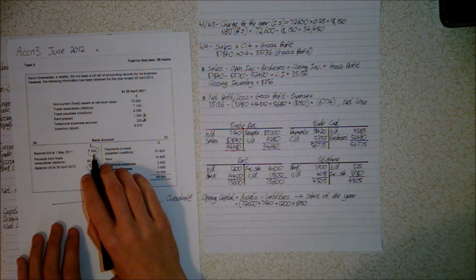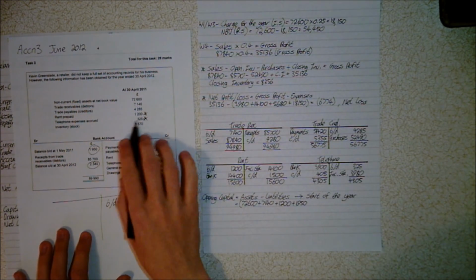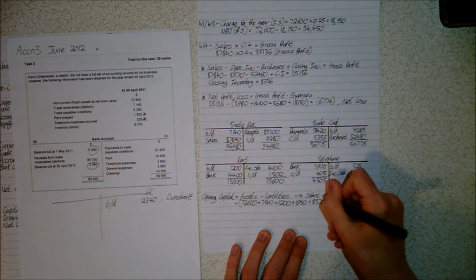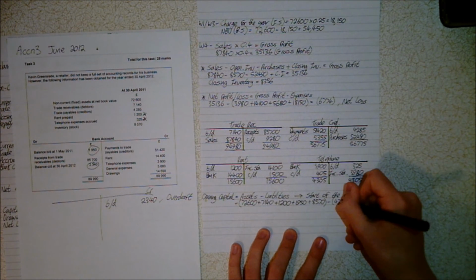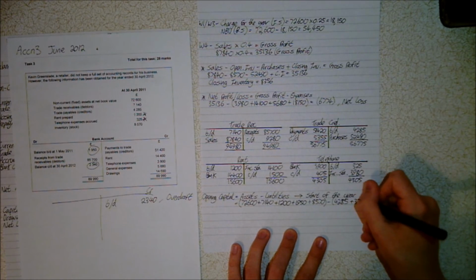We're not overdrawn at the start of the year, we have money in the bank. And the stock, that'll be the opening stock in the income statement. I'm going to take away my two liabilities, which are 4,285, which is trade payables, and the accrued telephone expense.